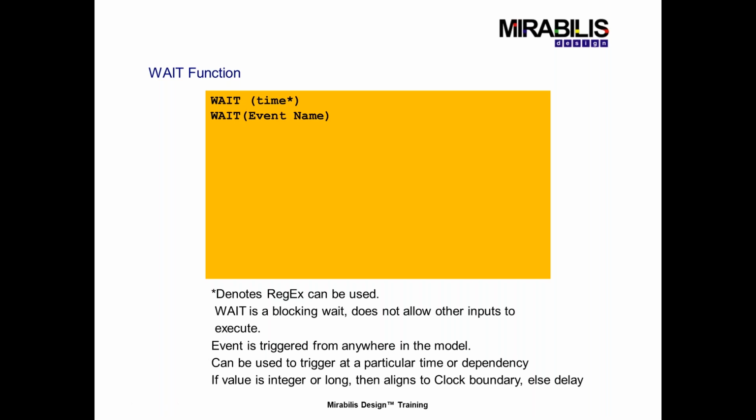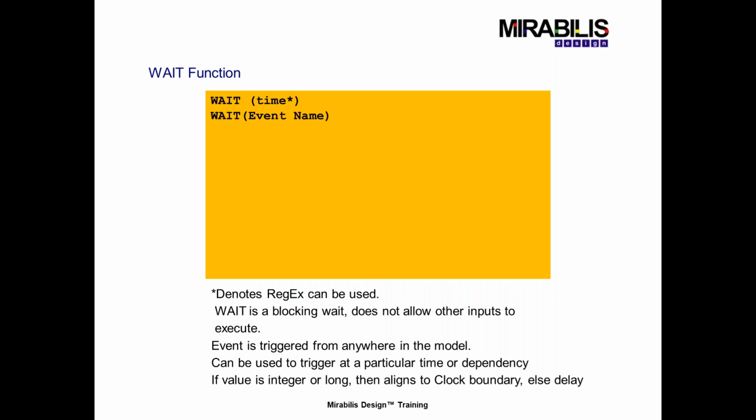Once this block gets the event, it will remove this from the wait condition and start executing the next line of code. Events are always global, which means if an event is generated in one part of the model, it's available to everything in the model.